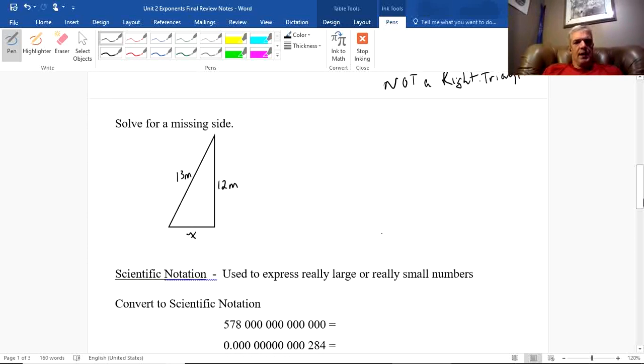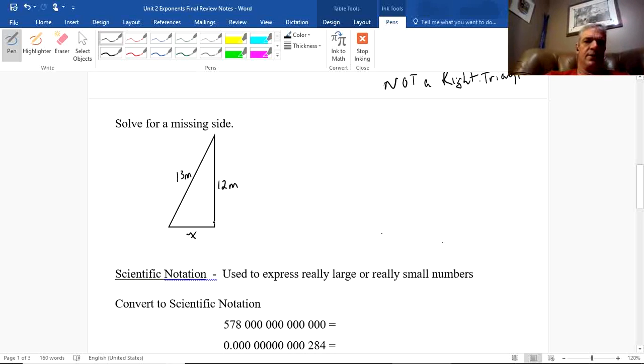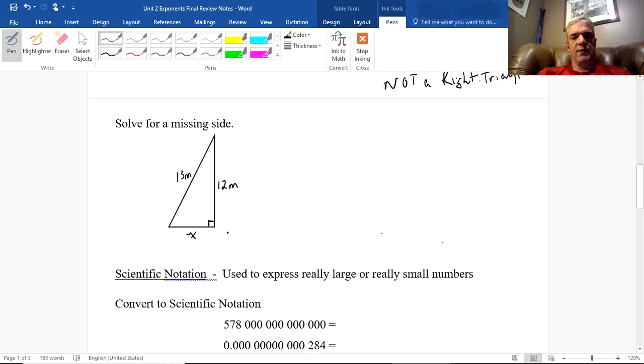Then we have solve for a missing side, and so in this particular case, you'd have to know that this is a right triangle. So I should have had the right triangle symbol in there, and the answer we're looking for here is probably what we would refer to as a. A, B, C. I tend to give A the smallest side, B the next, and then C, of course, always the hypotenuse here.